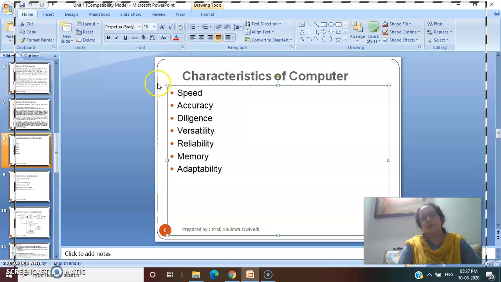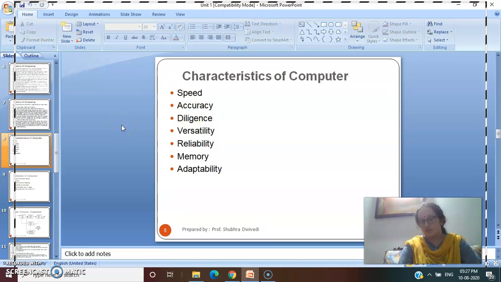So instructions are in the hands of the user, and the computer will follow whatever instructions the user gives, and then process those instructions and give you the desired output. Okay, in a variable program.